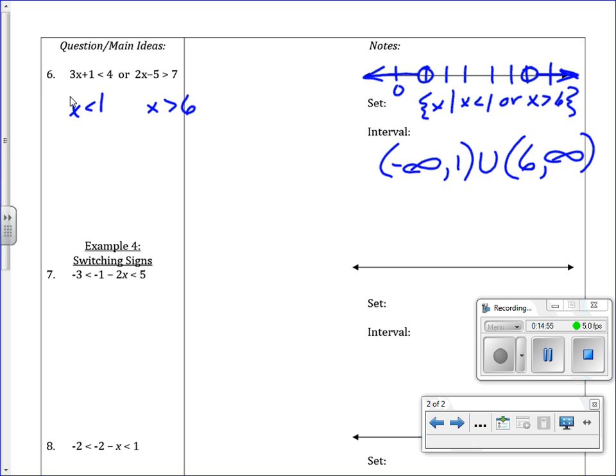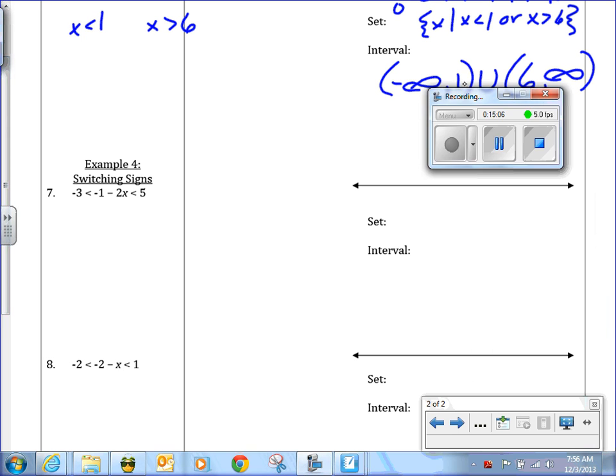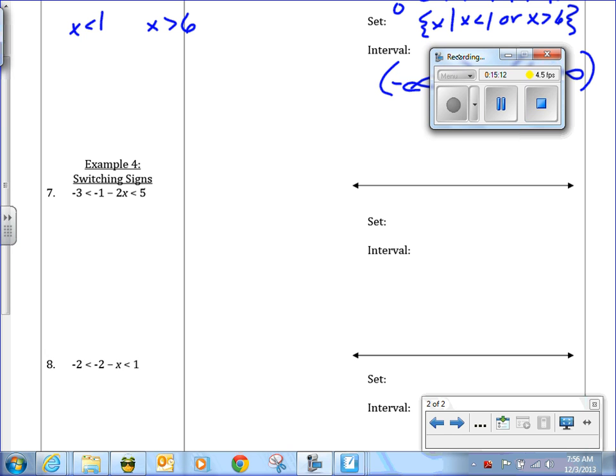Okay, so now we're going to go ahead and kick it up a notch. And now what we're going to be dealing with is switching the sign, dealing with that negative coefficient. All right, remember when you have a negative coefficient with x, your symbol has to switch. And that's exactly what's going to happen.